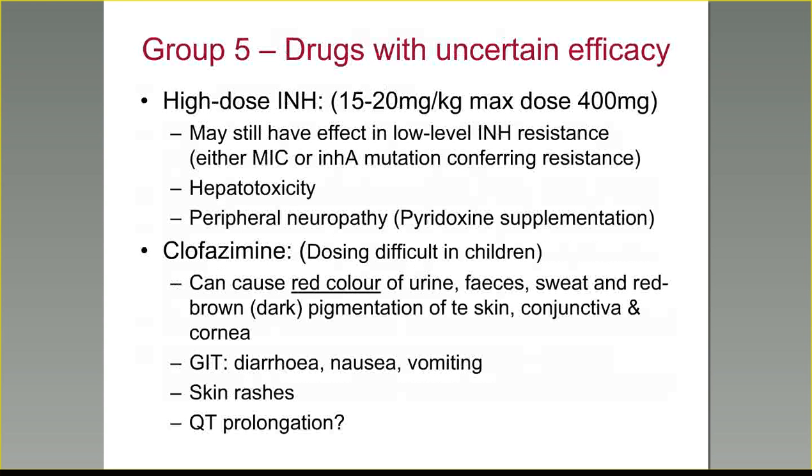So then we get to the group 5 drugs. We often use, or we use in almost all our patients, high-dose INH in combination with ethionamide, because either ethionamide or high-dose INH is likely to be effective. And the reason for that is, as Tony has explained, in an INHA mutation, we have cross-resistance with low-level resistance to INH, but resistance to ethionamide.